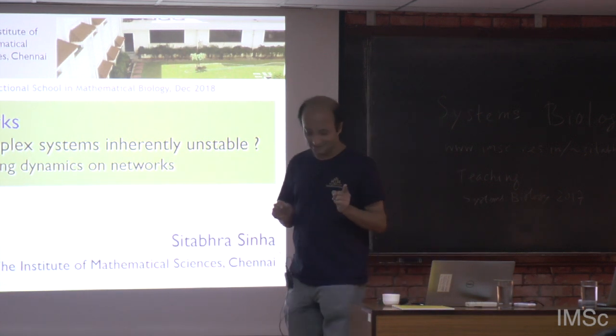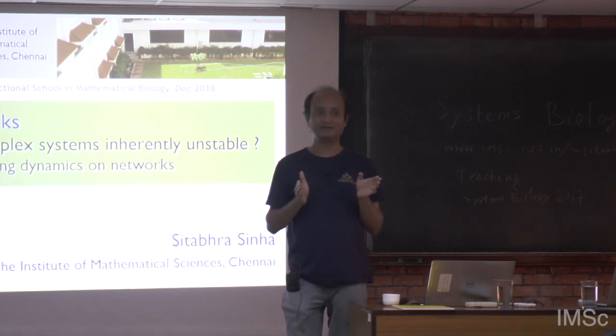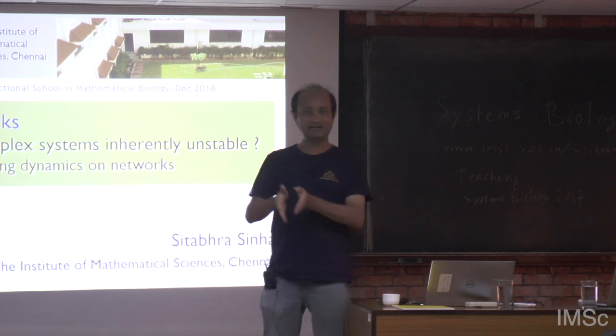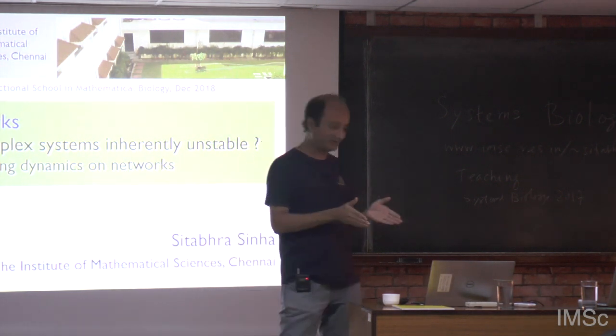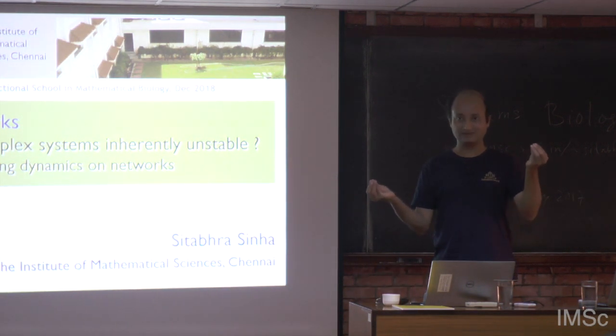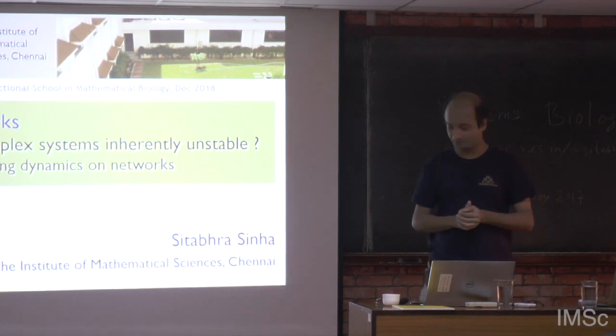So the important thing is, okay, the answer was a neural network is an example of a system where we have both dynamics of networks and dynamics on networks. Dynamics of networks, because the connections themselves are evolving. The synaptic connections between neurons are not static, but strengthen or weaken over time.